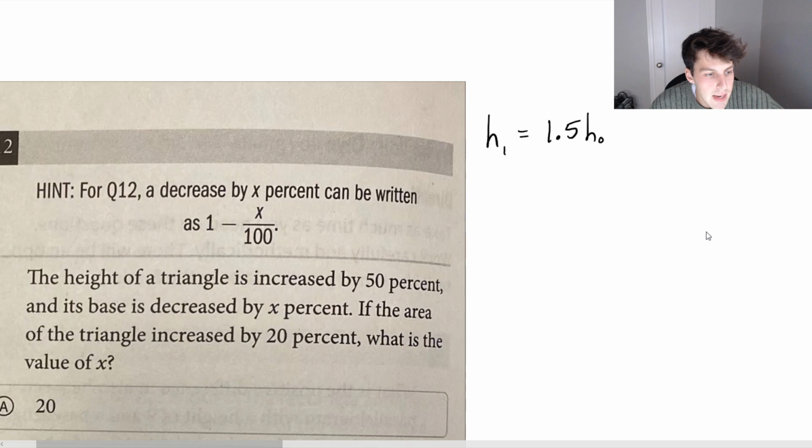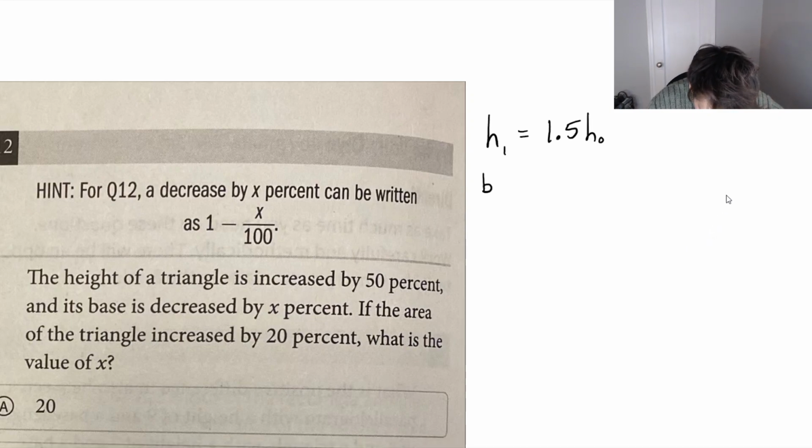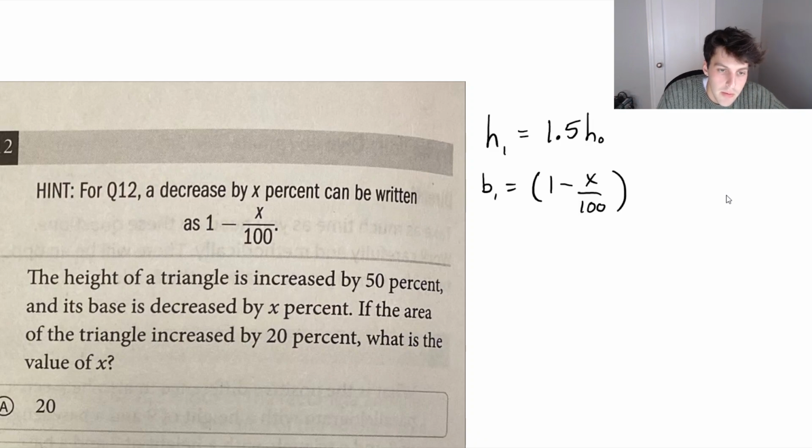And it says that its base is decreased by x%. So similarly, well, it tells us in the question actually how you can write a decrease by x%, which I think is a little generous. But we know that it's the same thing that we have above. It's just going to be written as that, our coefficient on our base term, right?